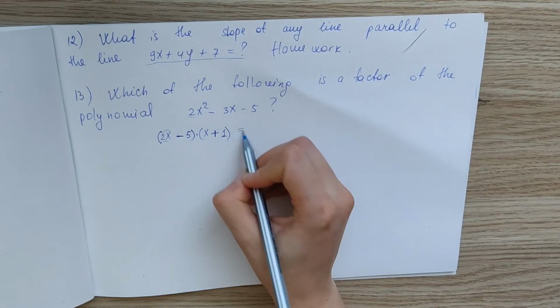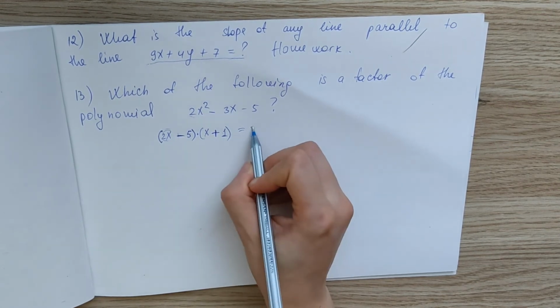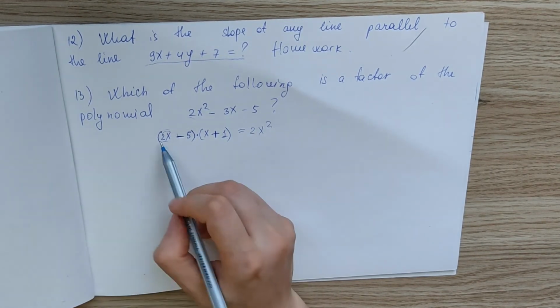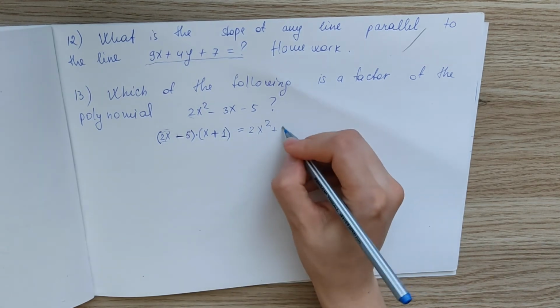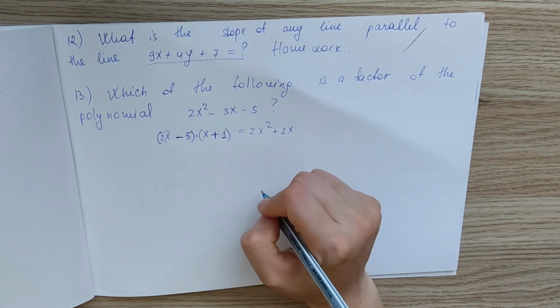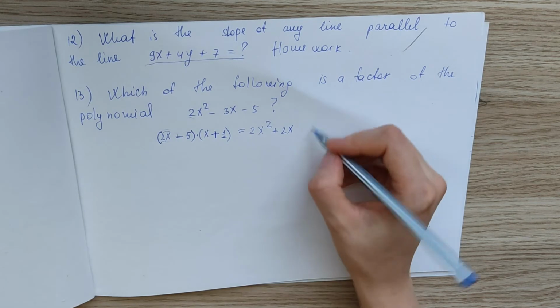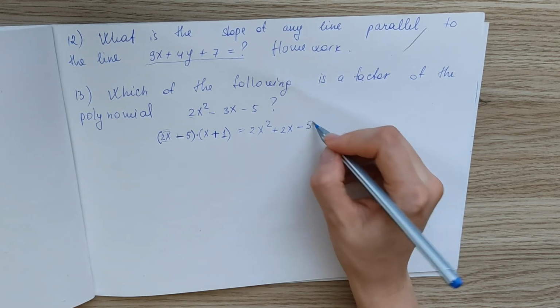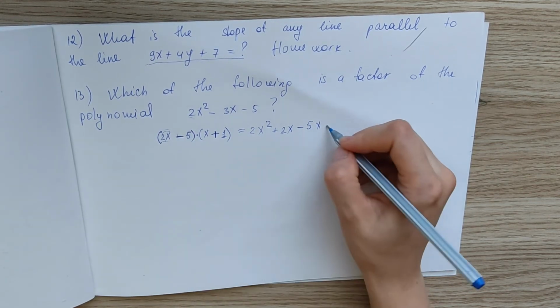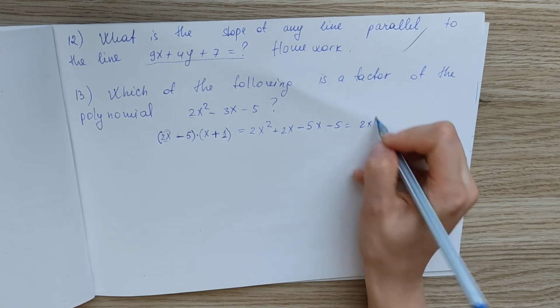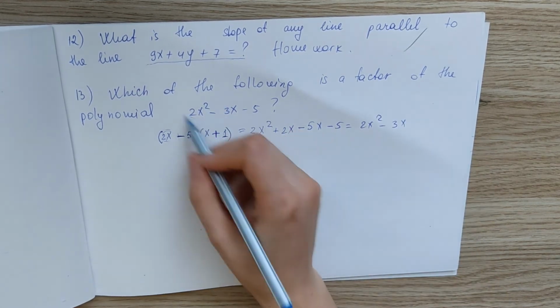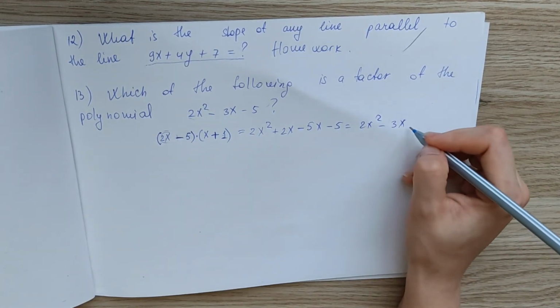Let's check. 2x times x is 2x squared. 2x times 1, minus 5 times x, and minus 5 times 1. This is equal to our given equation.